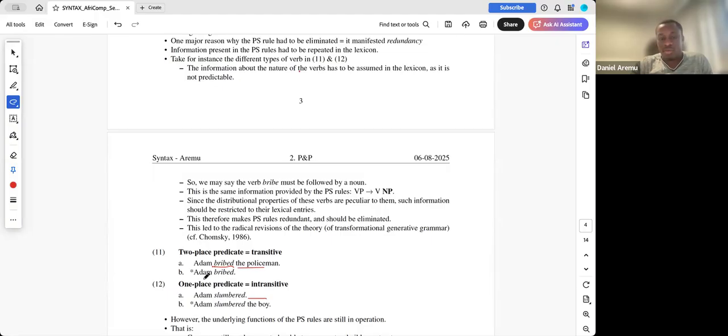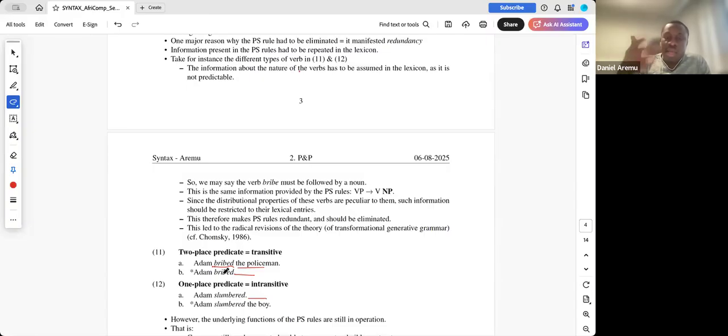But in 11b, the sentence is ungrammatical. Why? Because if you say Adam bribed, the question is who. How do we know? It is the lexicon that makes us know. Remember, we spoke about the mental lexicon and how it is different from the dictionary. The mental lexicon gives us the properties. You can call it the subcategorization frame.